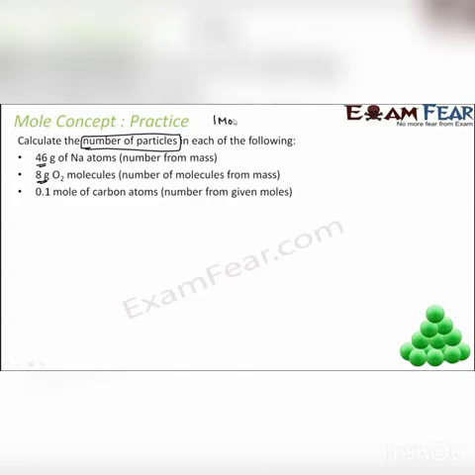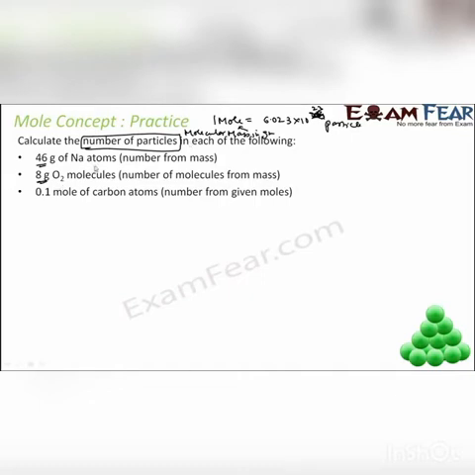So we know that 1 mole is 6.023 into 10 to the power 23 particles for any ion, molecules, atom, doesn't matter. Golden rule. And 1 mole is nothing but molecular mass in gram if you want to find the weight.